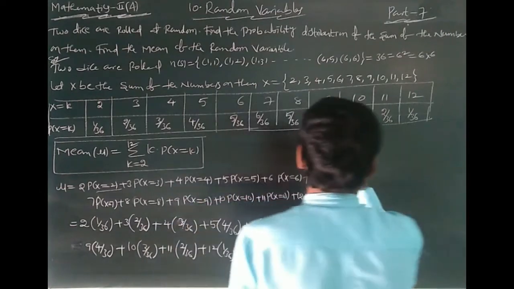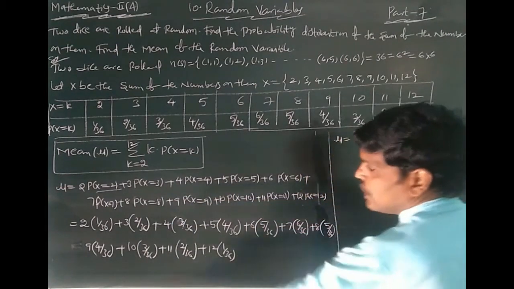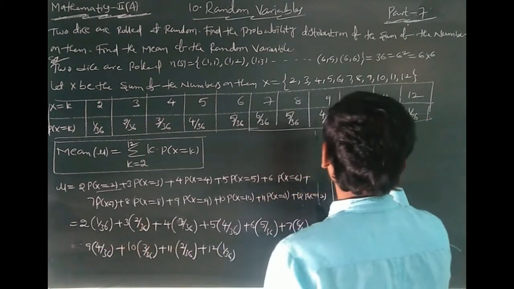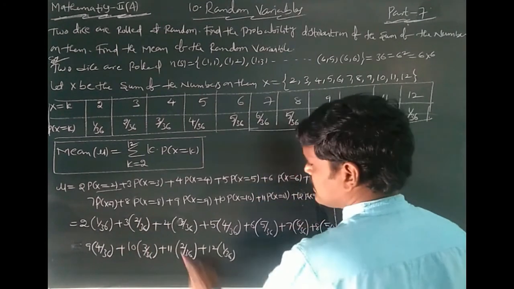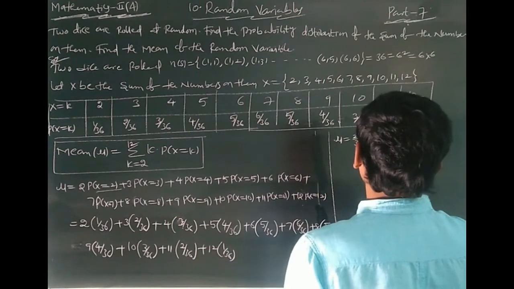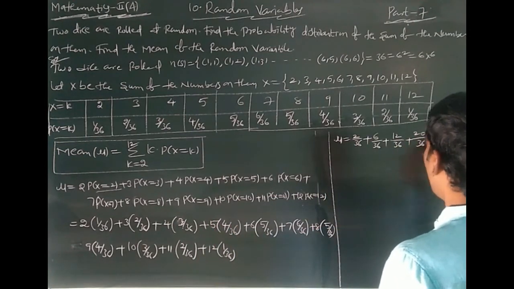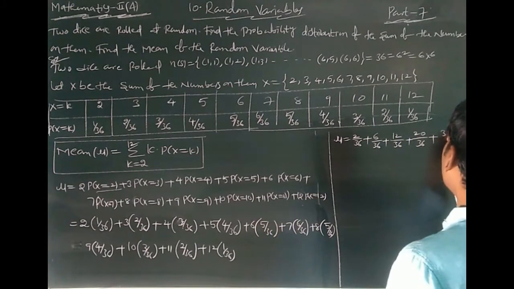After that, you can write the mu value separately: 2 by 36 plus 3 2s are 6 by 36 plus 4 3s are 12 by 36 plus 5 4s are 20 by 36 plus 6 5s are 30 by 36.